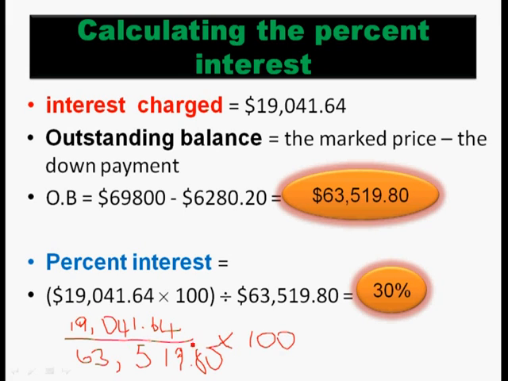So it's the same thing. If you multiply across, you're basically doing this up here, and you divide that answer by the number below, which is the same thing that we do at the top. So it's the very same thing, alright? Good. So your answer would be 30%, and that is how you find the percent interest.